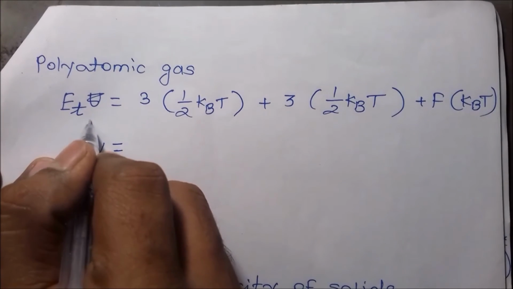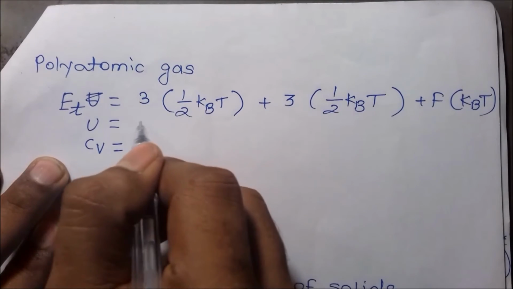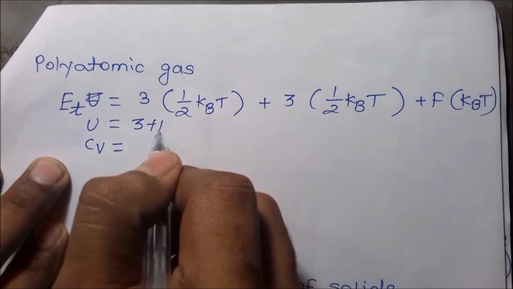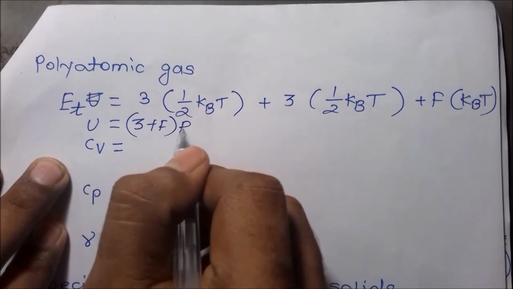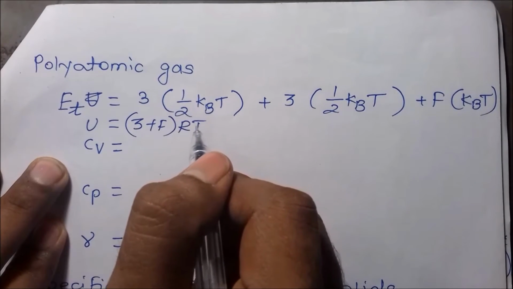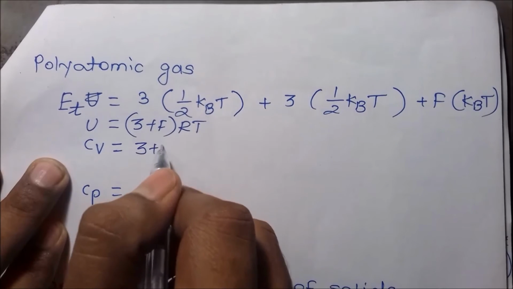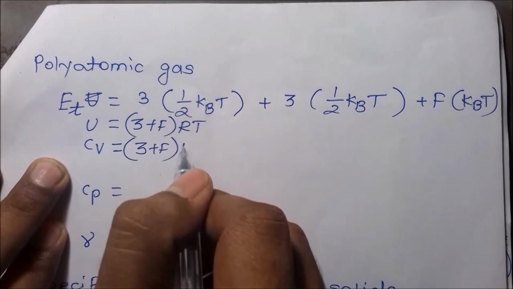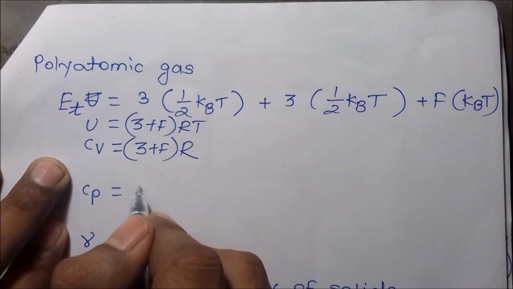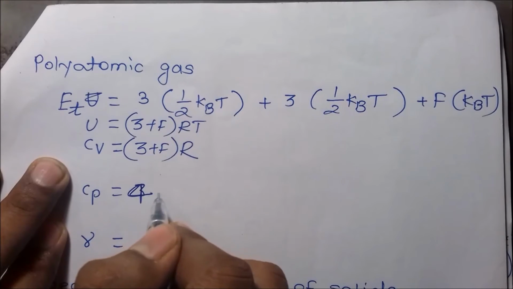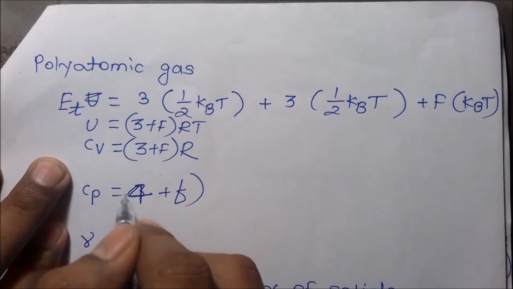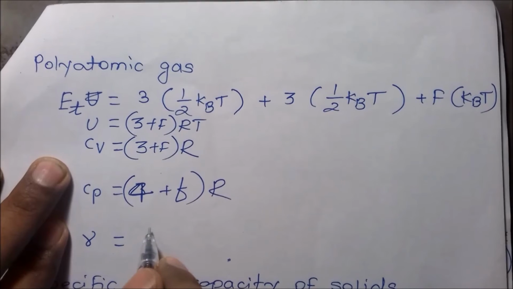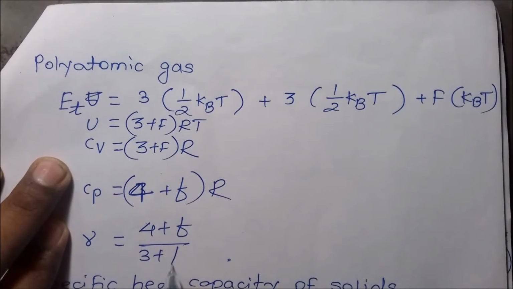So U is equal to (3 plus f) RT. Therefore Cv becomes (3 plus f) R. Cp becomes (4 plus f) R and gamma becomes (4 plus f) upon (3 plus f).